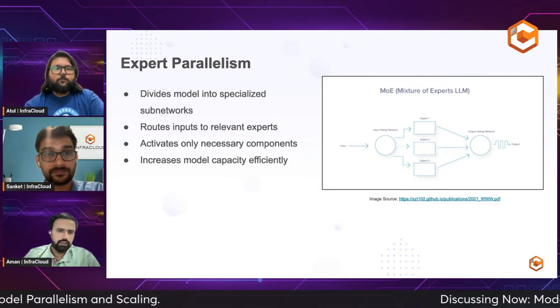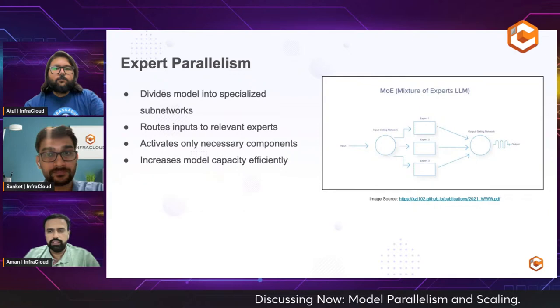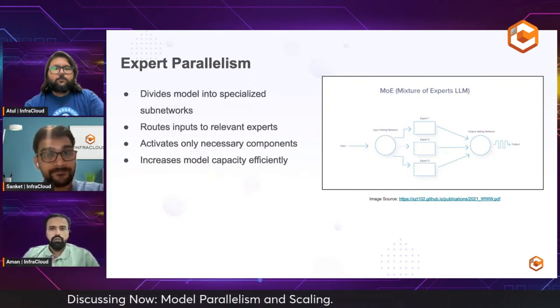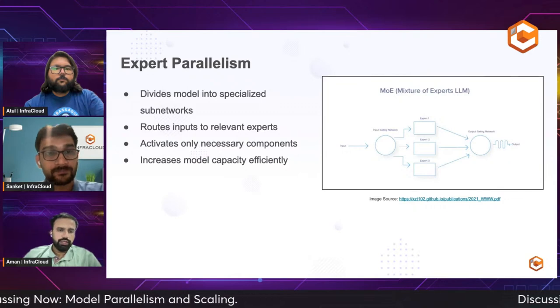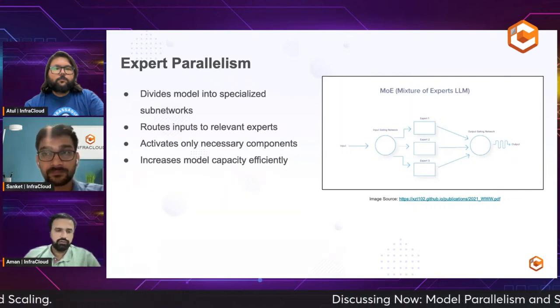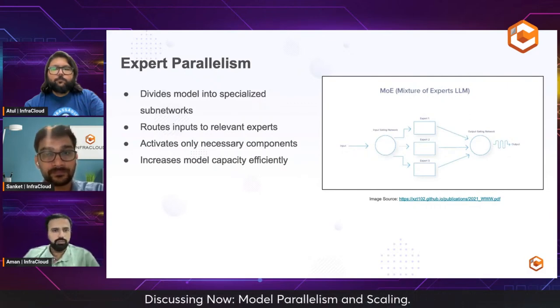It could be language translation, or games, novels, and whatnot. Now you can enable only the things that you need. It could even be multimodal. Let's say you enabled text, and there is a part for video, but you don't need it. You don't enable that. That's where expert parallelism comes in.